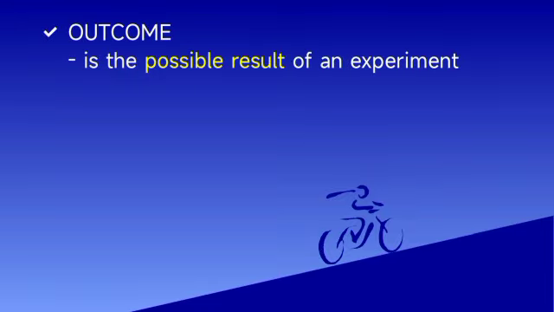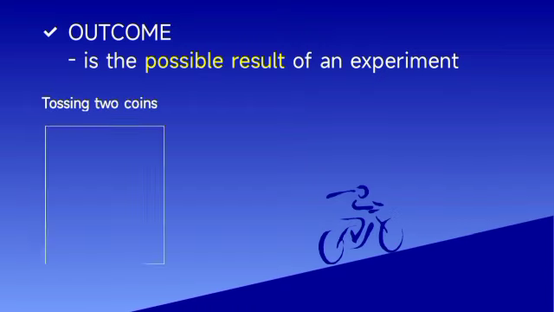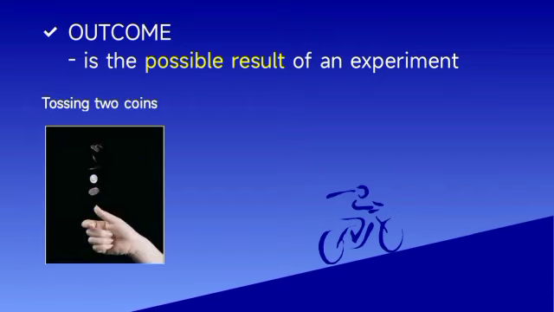Okay, so this is the second term that we need to learn. Outcome. Outcome is the possible result of an experiment. To make it clear, I have here some examples. In tossing coins, what are the possible results of tossing two coins?